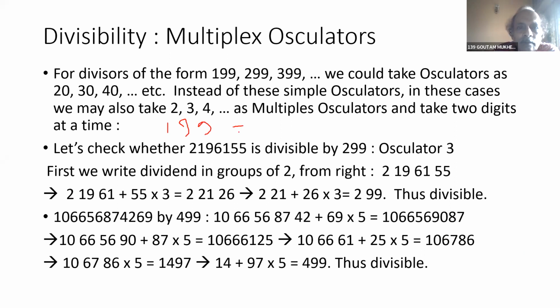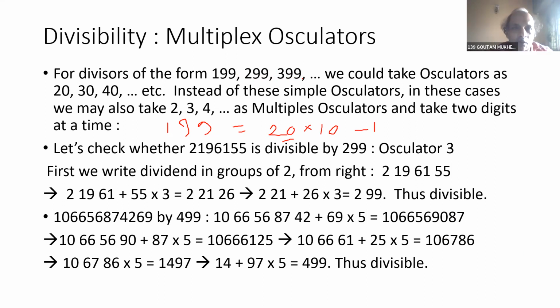199 is 20 into 10 minus 1. Earlier we did. Right. Therefore, 20 is my oscillator in case of 199. Similarly, for 299, 30 into 10 minus 1. 399 is 40 into 10 minus 1.